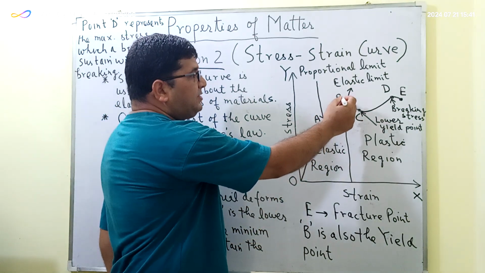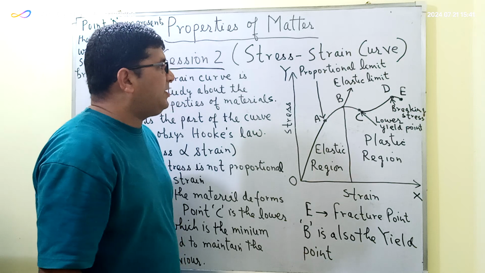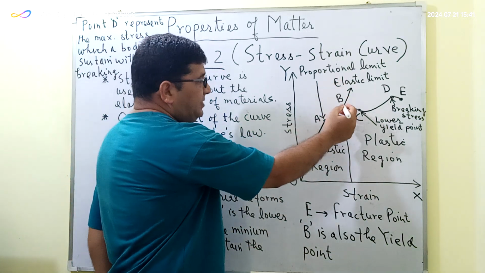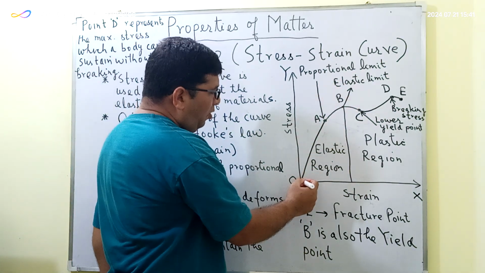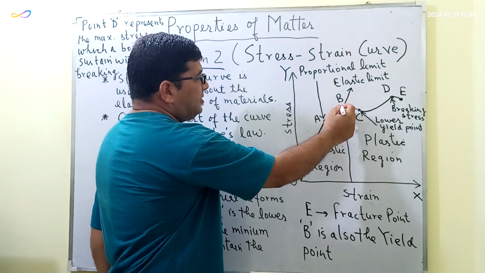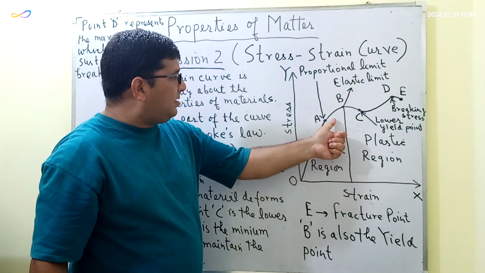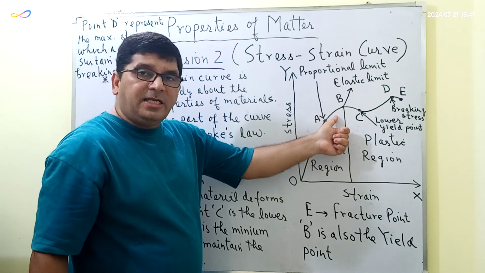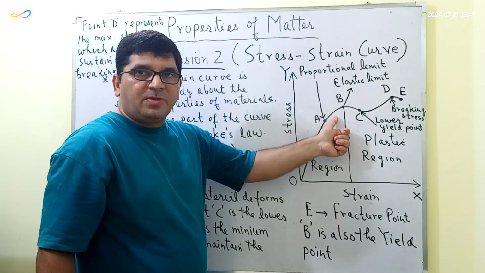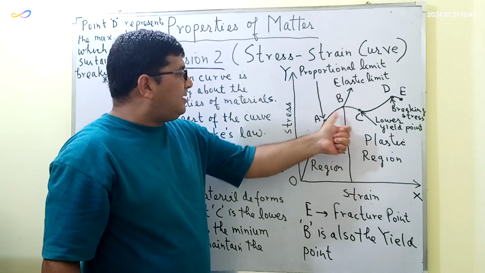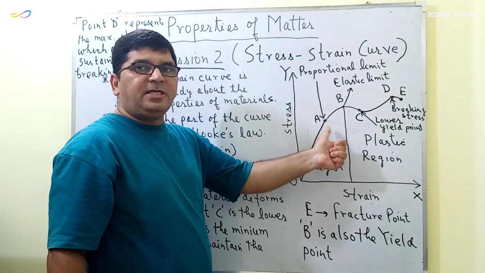Now B is the point of elastic limit. That is, from O to B, the material will regain its original state if the stress applied on it is removed.